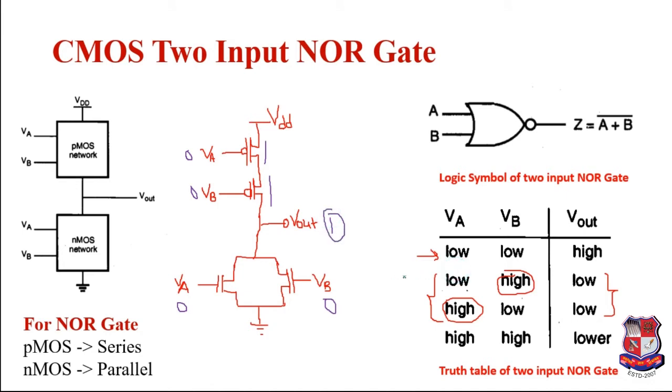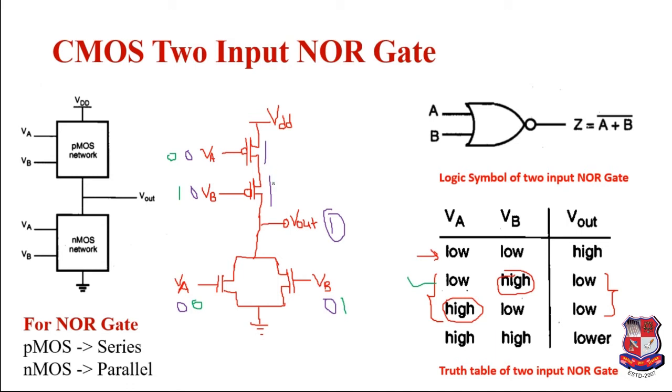Let's take another condition, that is this one. If our VA is logic 0, that means this is 0, and our VB is logic 1, this is 1.